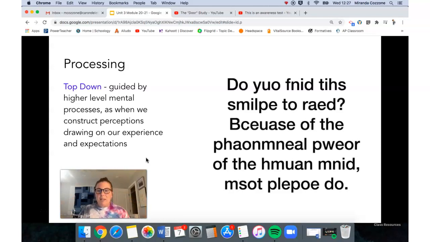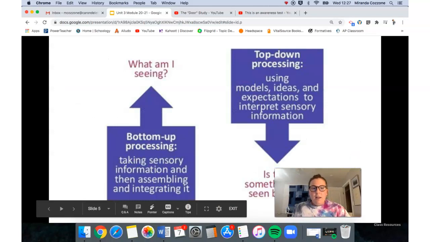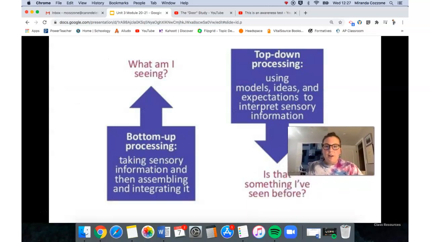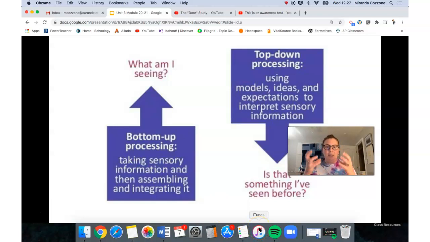Bottom up is piecing everything together to get to a whole. Top down is looking at all of your own experiences and perceptions to chisel down at what something really means or what something is. Here is just another way of seeing this. Bottom-up processing is taking sensory information and assembling and integrating it into what am I seeing.